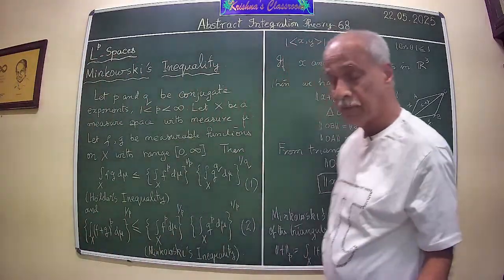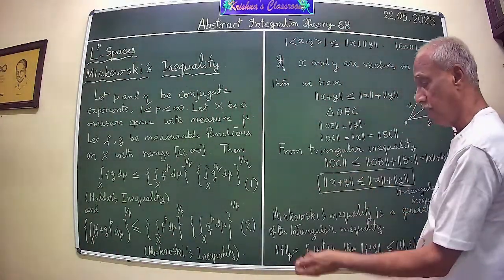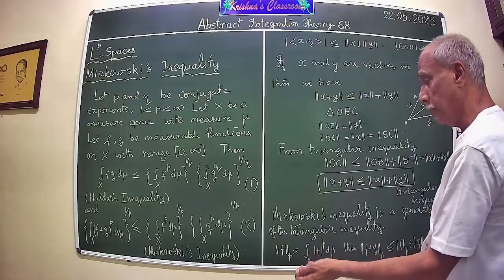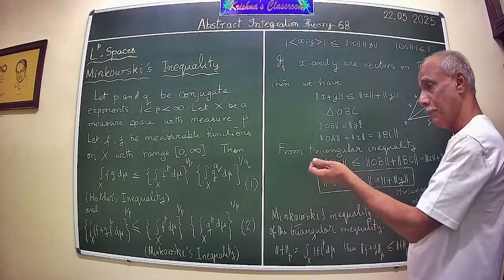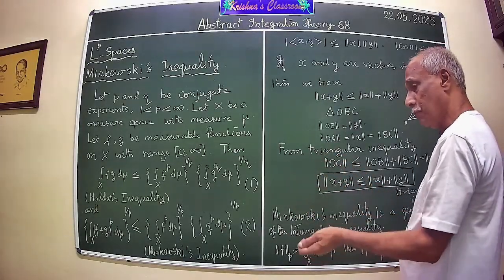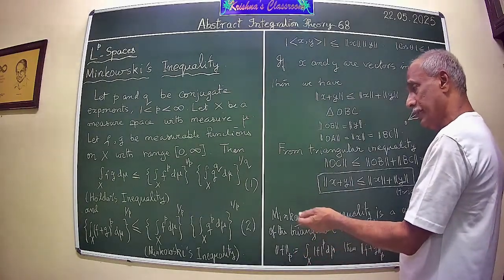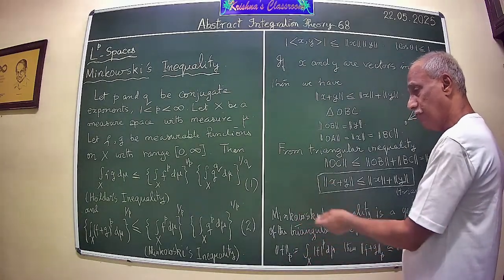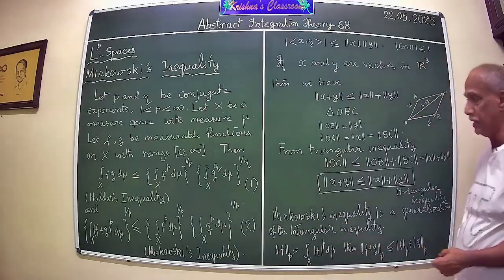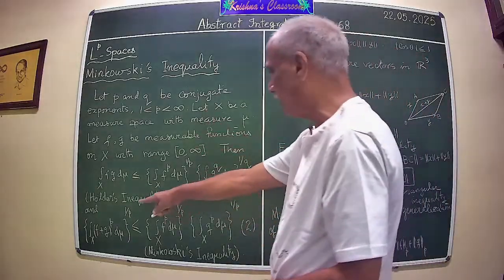F measurable implies mod f measurable, and therefore mod f has range in the extended half line, namely 0 to infinity. So all the conditions of this are satisfied.